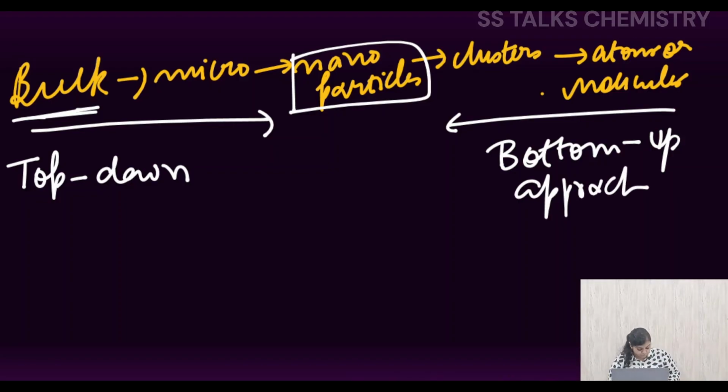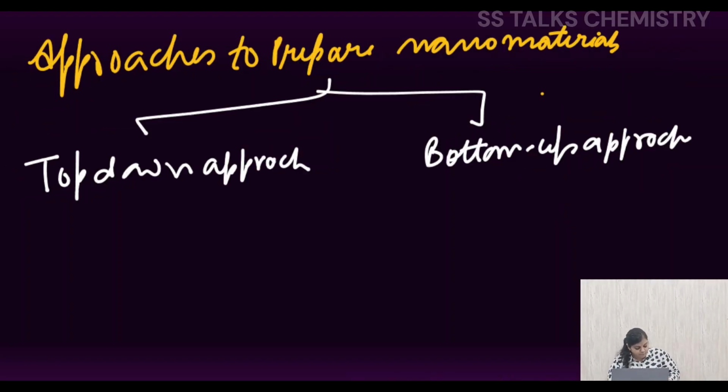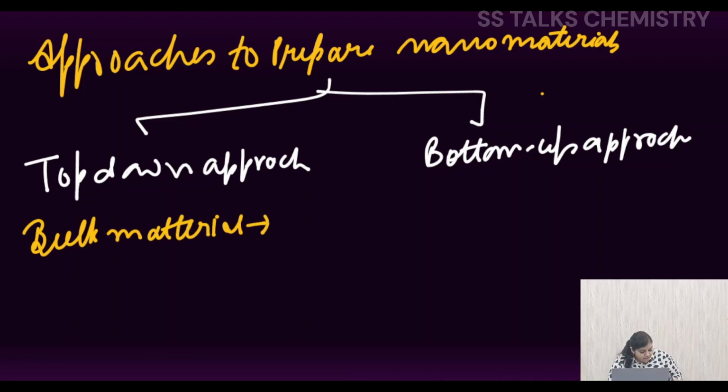So basically in the top-down approach, what we do is take the bulk material and go to the nanoparticles. How do we do this? The bulk material is broken down into smaller species till we get into the nanoscale range.